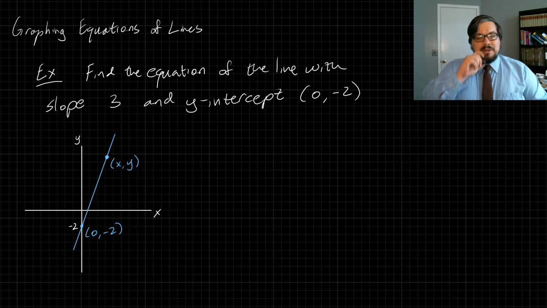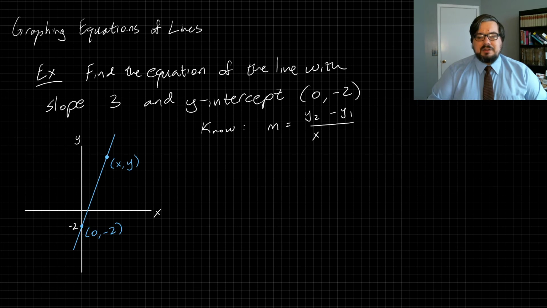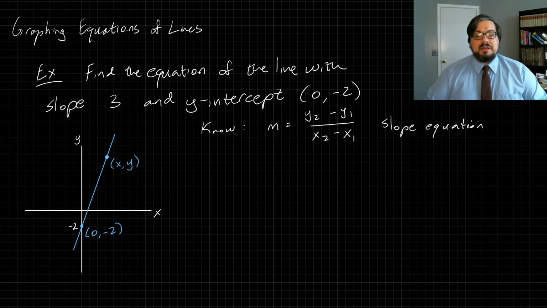So we know that the slope of this line is 3. So we know that m is equal to (y2 minus y1) over (x2 minus x1) is the slope equation, where m is the slope, (x1, y1) is any point on the graph, and (x2, y2) is any point on the graph.